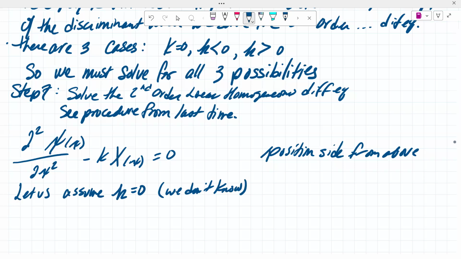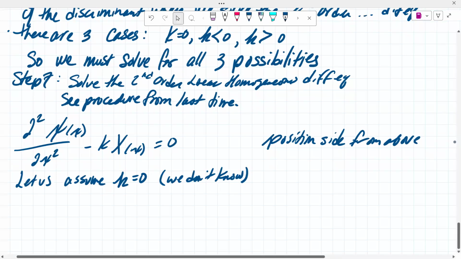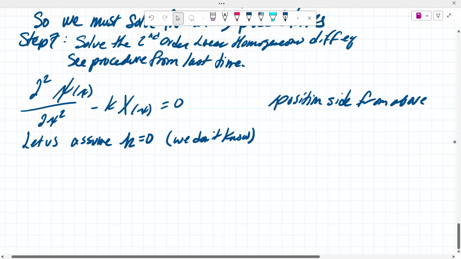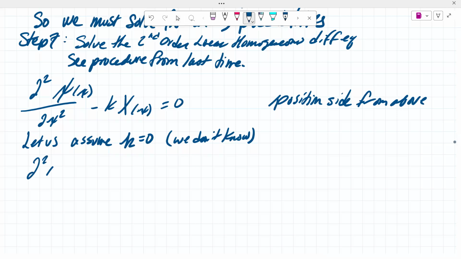Now what we're going to do is substitute that in. So d squared X of x over dx squared minus k times X of x.